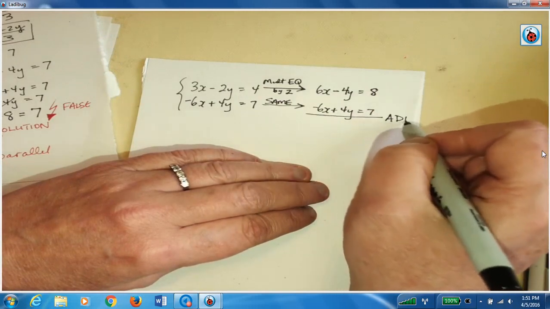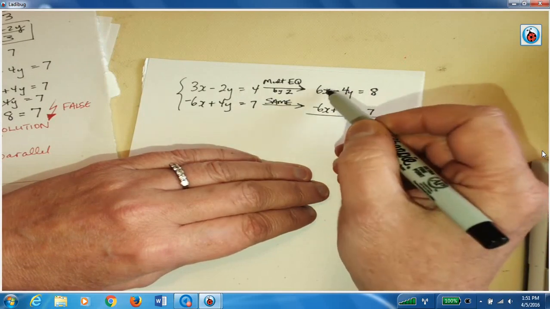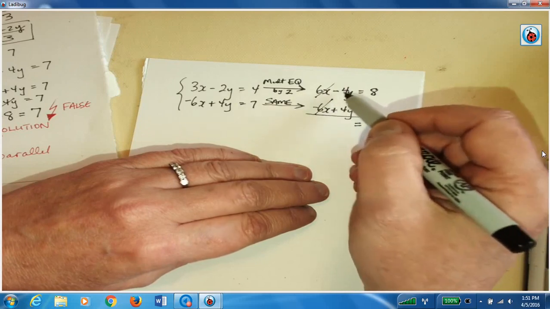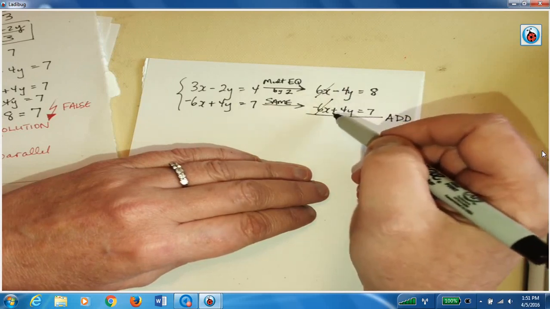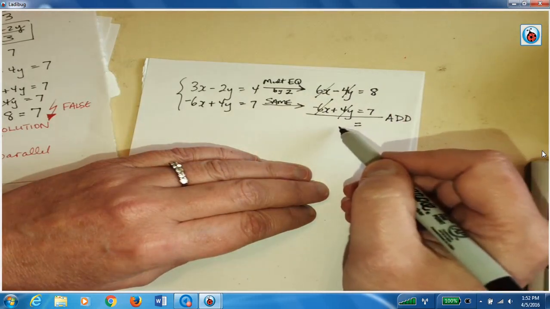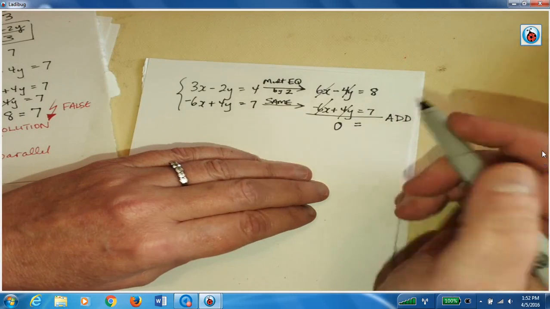Okay. And now what I'm going to do with these two equations is I'm going to add them. So my equal signs have to line up. So I get 6x plus negative 6x, they cancel. And I get negative 4y plus 4y, they also cancel. So on the left-hand side of this equal sign, I have 0 because everything is canceled.